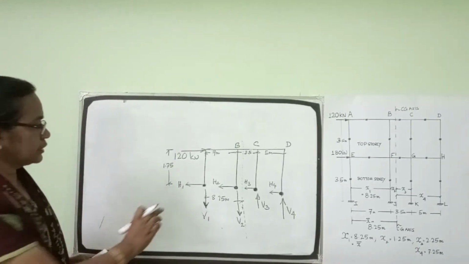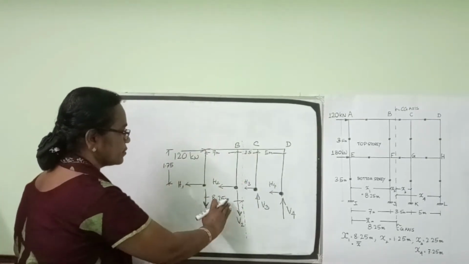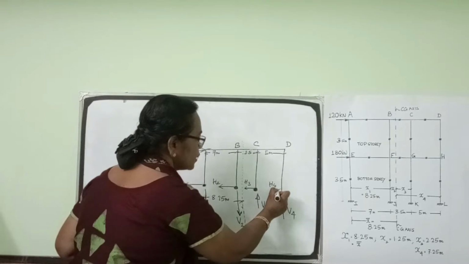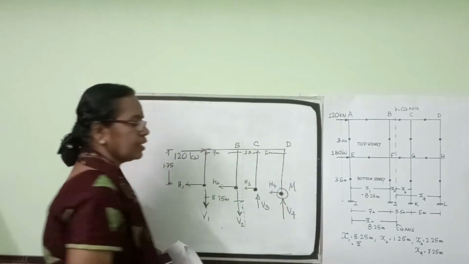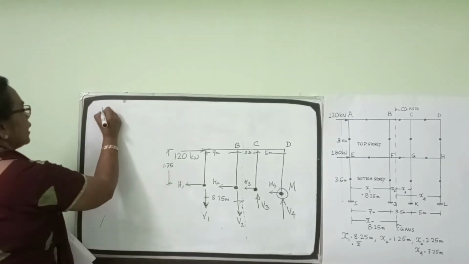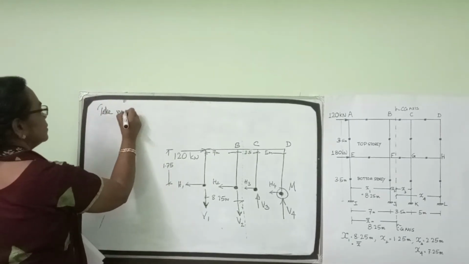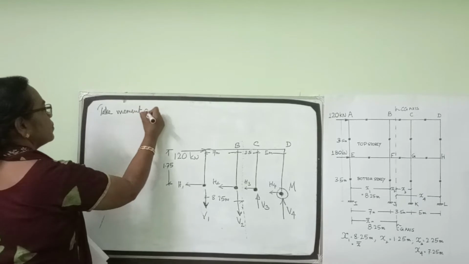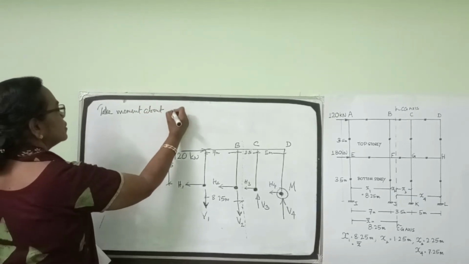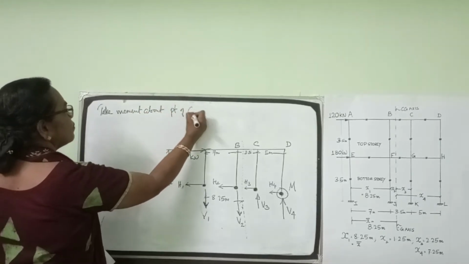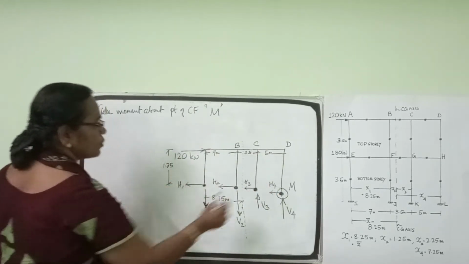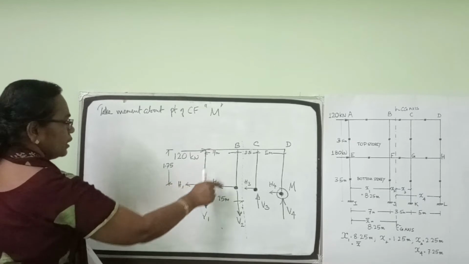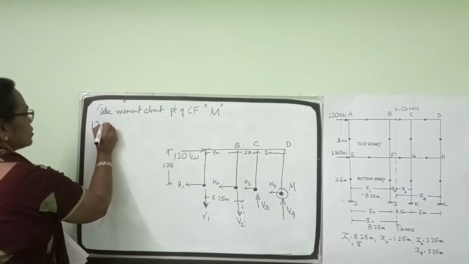Now, take moment of all the forces about the point of contact pressure of the right edge column, let it be M. So you take moment about point of contact pressure M, that on the right end of the column. So it is 120 into 1.75, a clockwise moment.